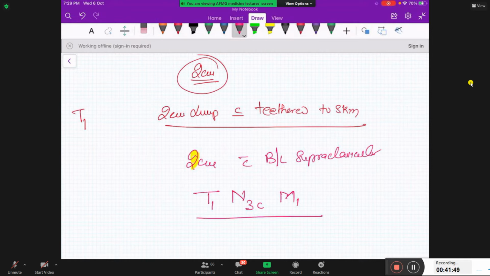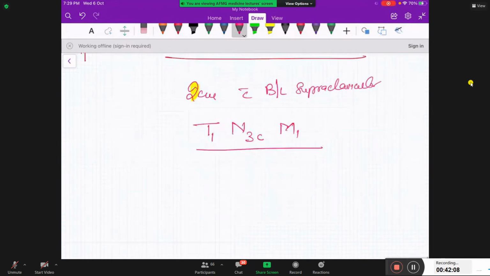Please note, if opposite side supraclavicular lymph node gets enlarged, it is considered as a distant metastasis. Understood? Okay. Sure. Now, let us know the staging.